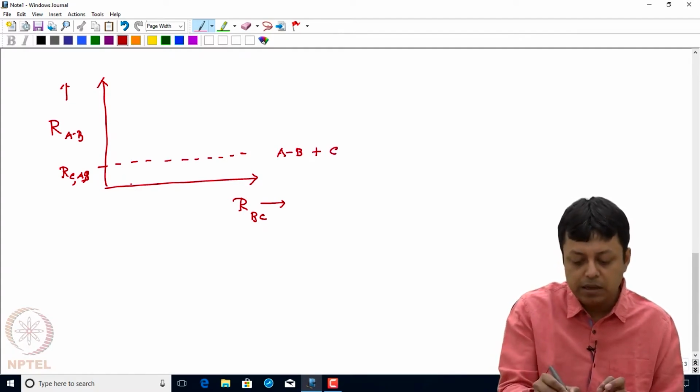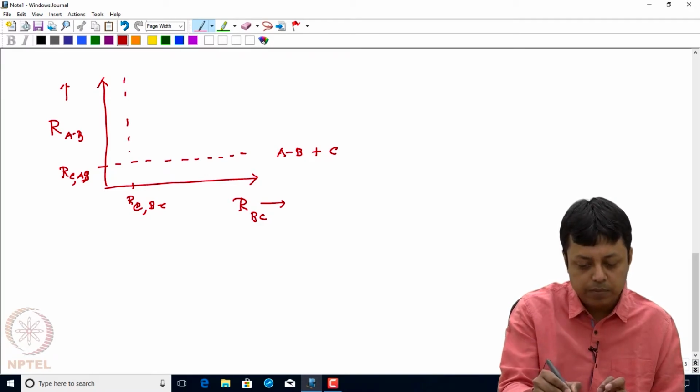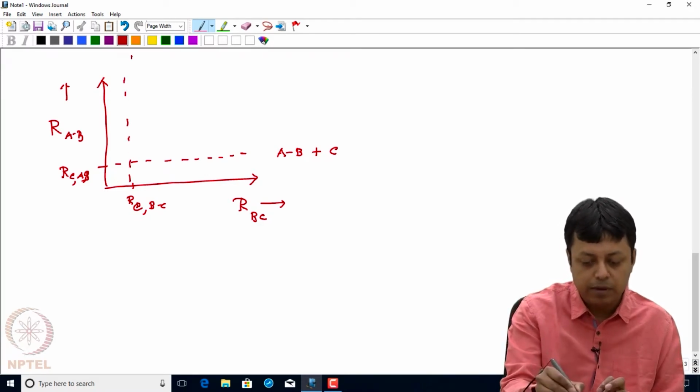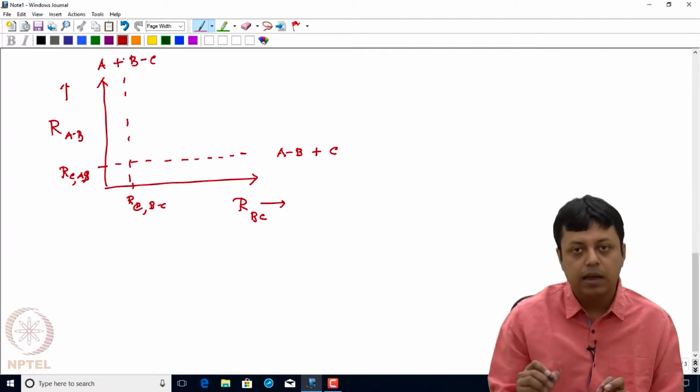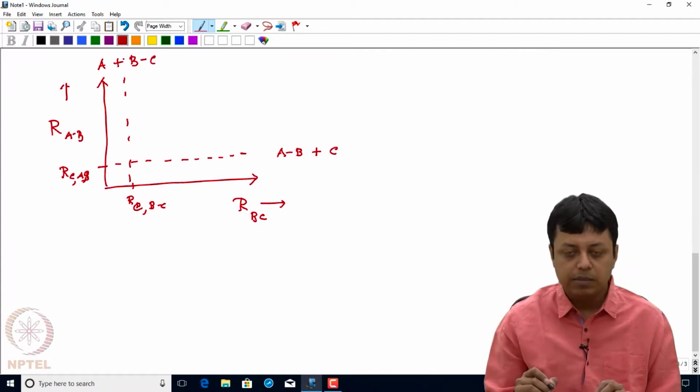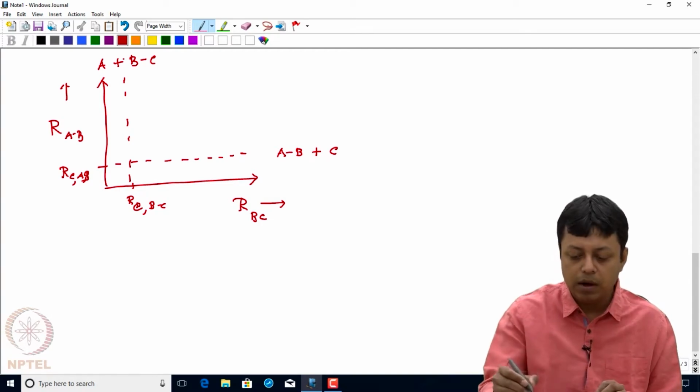Similarly, along BC, if I say that this is the equilibrium distance, R equilibrium for the BC bond, so this position denotes somewhere where I have the BC molecule plus the A atom, something like that. Now where we are starting from, say, here.